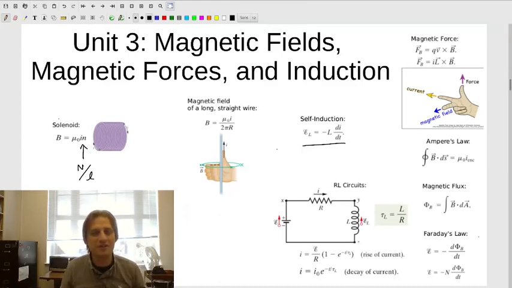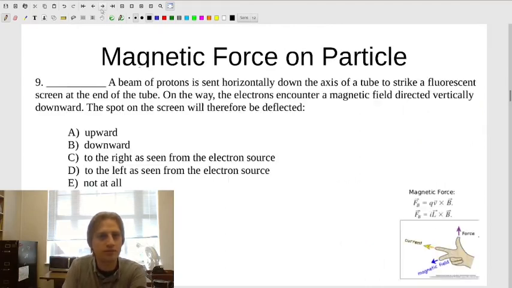Well, rather, let me say it another way. It acts to maintain the status quo. So if you have a magnetic field going in this direction, the induced voltage will try to keep the magnetic field pointing in that direction. And so we call that Lenz's law. And we'll see that in a couple slides.